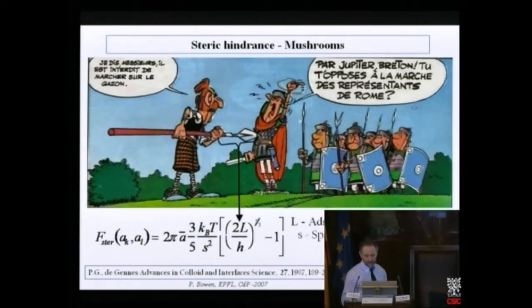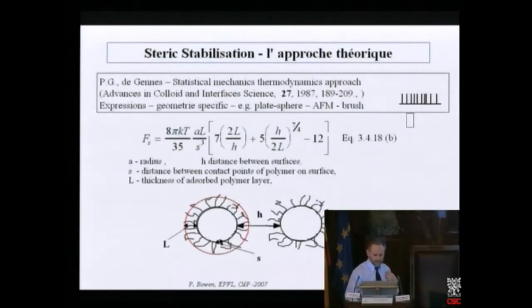This is for a sphere-sphere geometry. Like I say, this all depends on geometry. If you look at other approaches, like I said, this is a great article. It's geometry specific. This is now for a plate-sphere or a brush conformation.